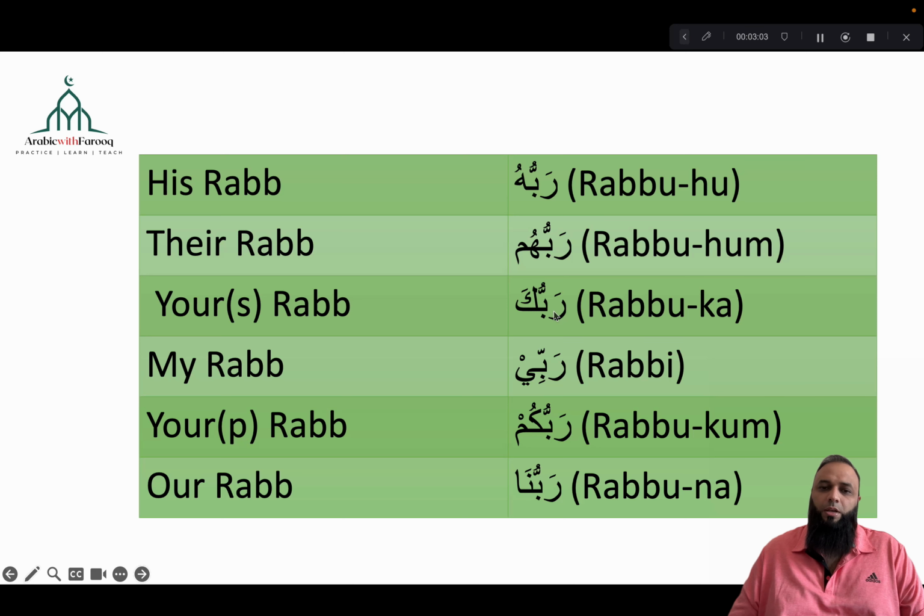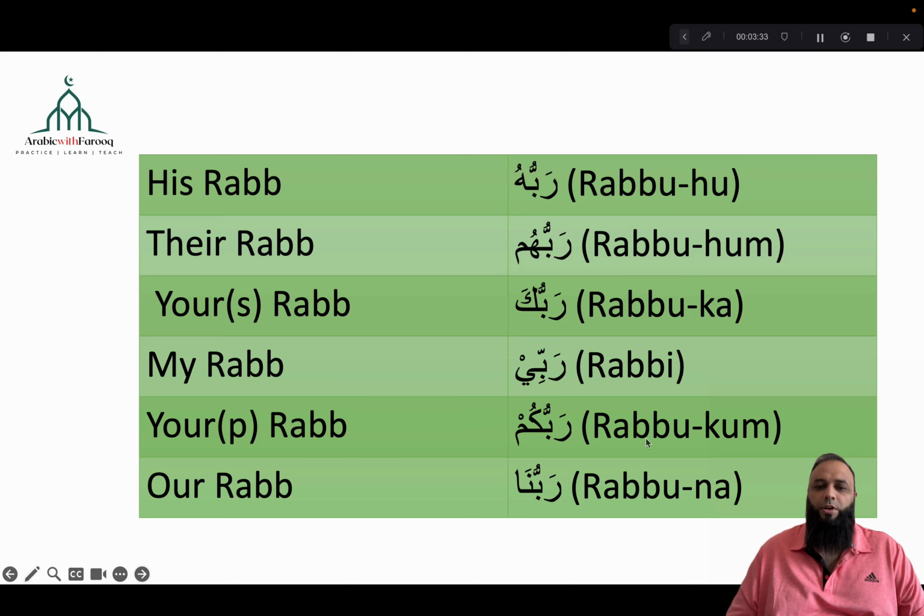Now when you want to say your Rabb in the singular sense, you would say Rabbuka. The key part here is these sounds at the end. The word remains the same, but you just append these sounds to the end. So Rabbuhu, Rabbuhum, Rabbuka. And then you have Rabbi, which is my Rabb.